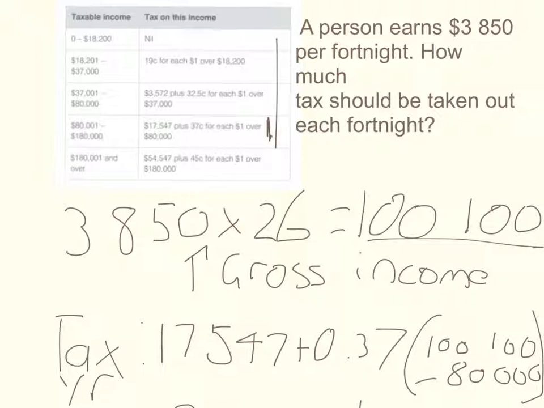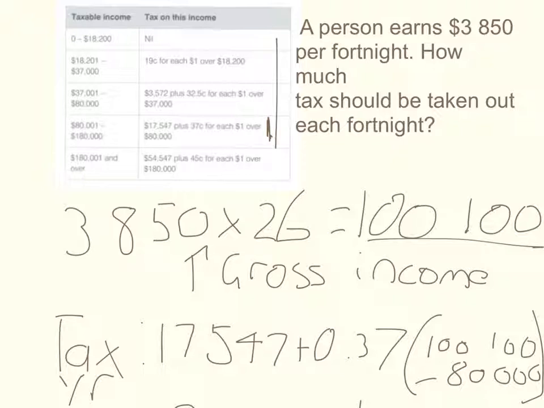Now I know at this school they love saying if you have a worded question, give a worded answer. So you might write, therefore would pay $961 in tax per fortnight.